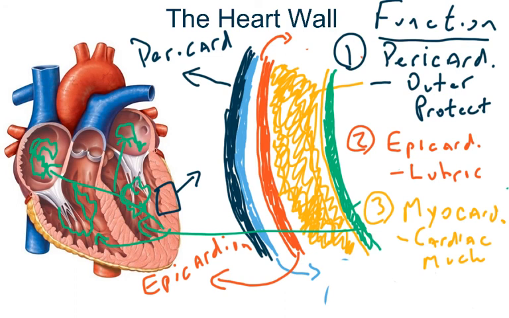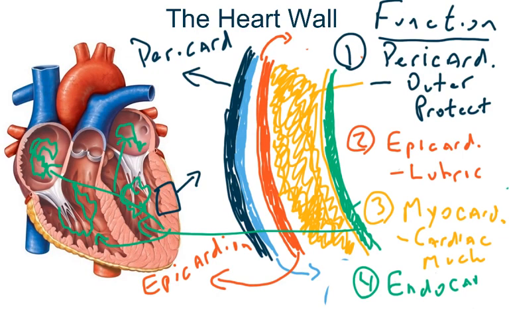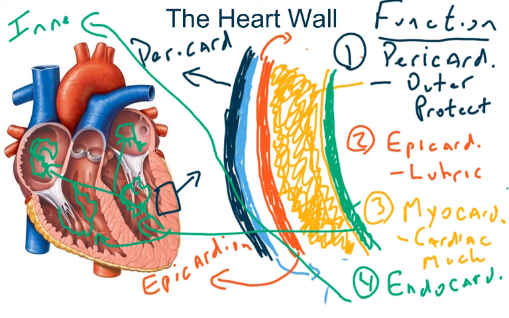And then finally, our fourth layer, which is the endocardium. Oops, running out of space here. Is inner protection. Okay? So that's what I want you to take away from the heart wall: the four different layers and what their functions are.